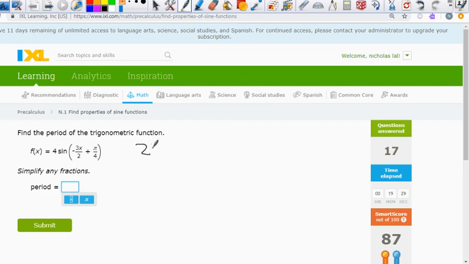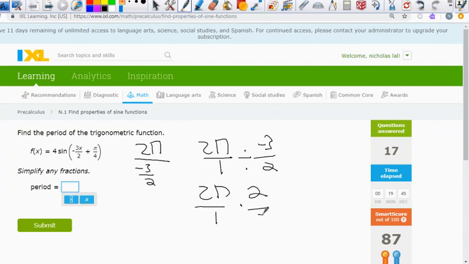So we have 2 pi over -3/2, which gives us 2 pi over 1 divided by -3 over 2, which is 2 pi over 1 times 2/3, which is equal to 6 pi over 3. All right, and divide each side by 3.